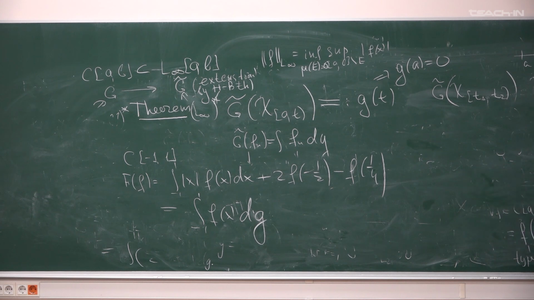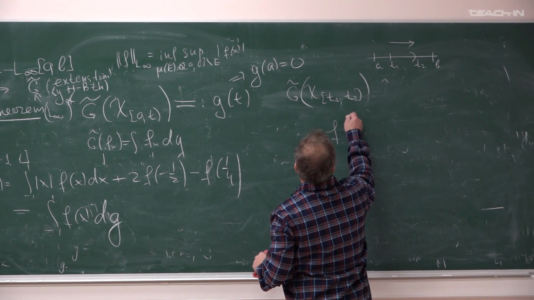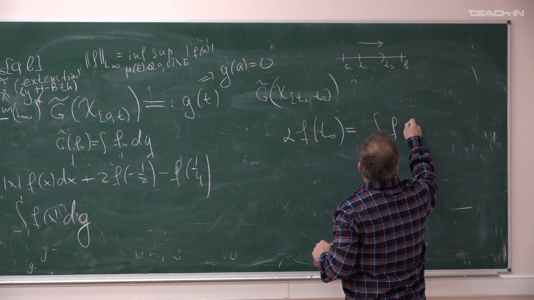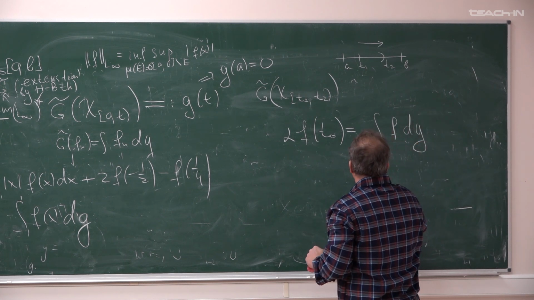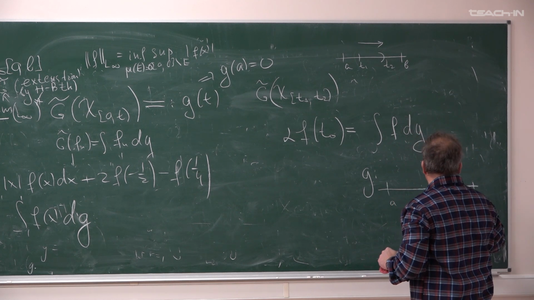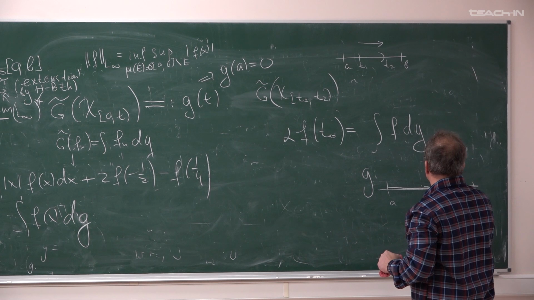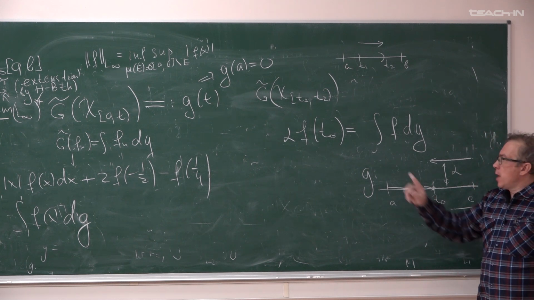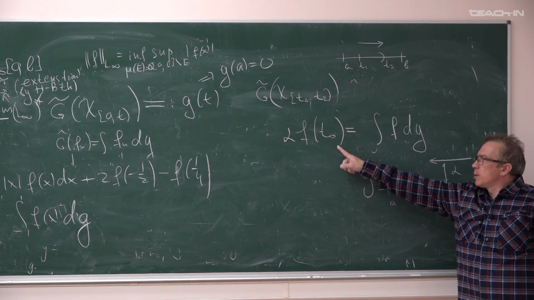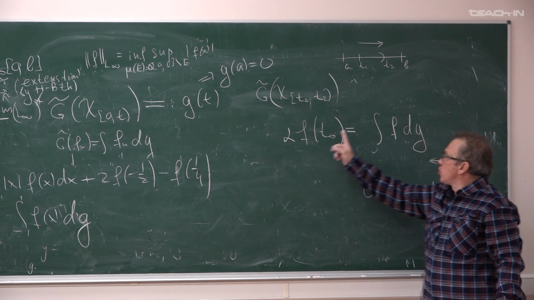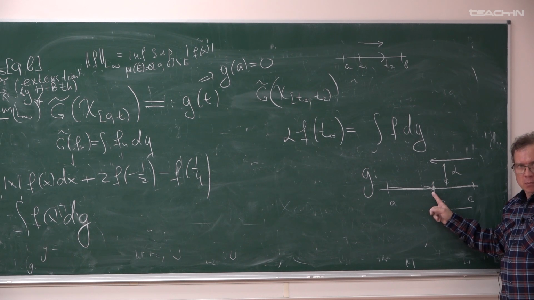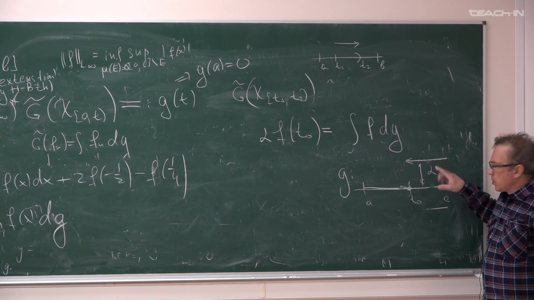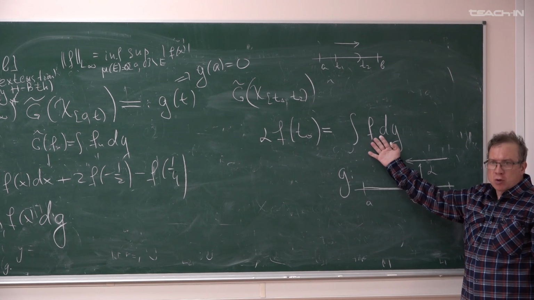First, I remind you that any functional, the value of a function at a point with some coefficient alpha, is just an integral with the step function g. Step just at the point t0, and the height of this step equals just this coefficient alpha. It is by the definition of the integral.